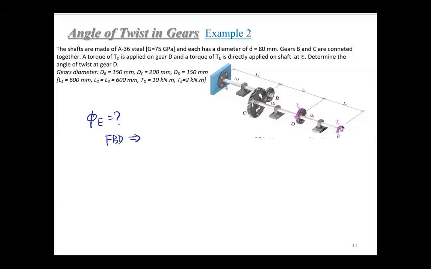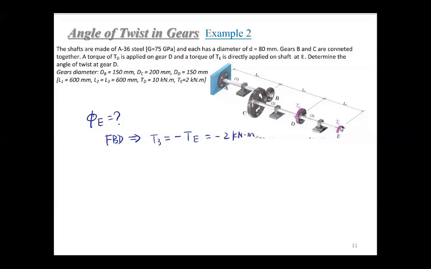From this, you can determine that T3 equals negative TE, because TE is a negative value, and this will be negative 2 kilonewton meter.